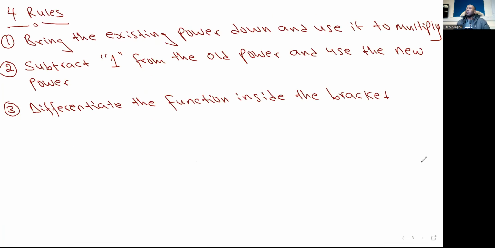So you're now going to differentiate the function inside the bracket, that's the f of x, all right? Then use any of the previously discussed differentiation mechanisms.